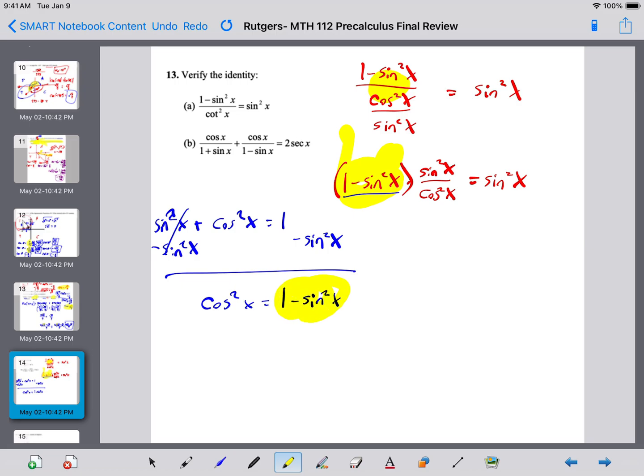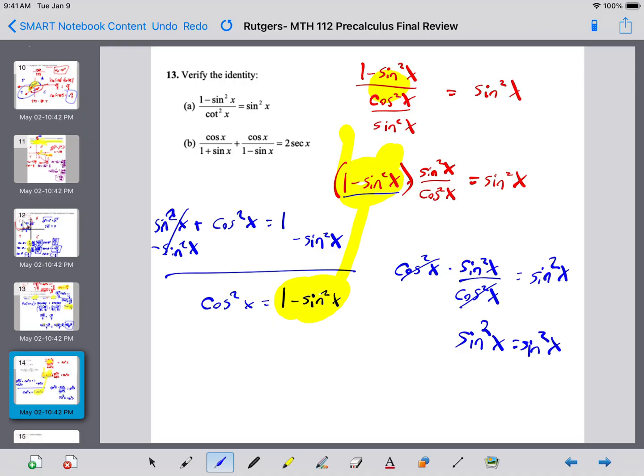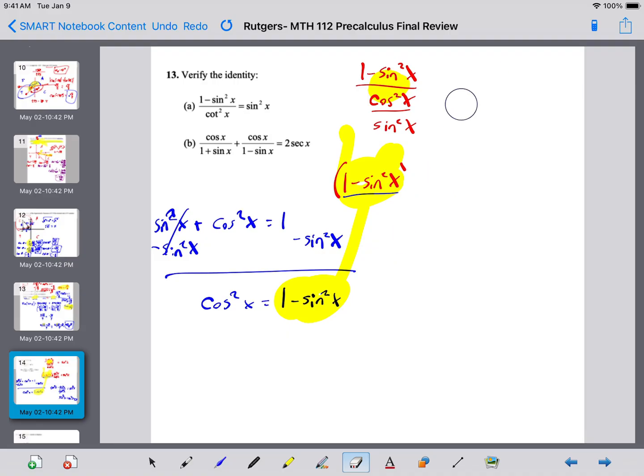I'm just going to substitute in cosine squared for 1 minus sine squared. So cosine squared of x times sine squared of x over cosine squared of x equals sine squared of x. The cosine squared cancels out, and we just proved that sine squared of x equals sine squared of x. Right? So that would be your proof or your verification of the identity for the first one.